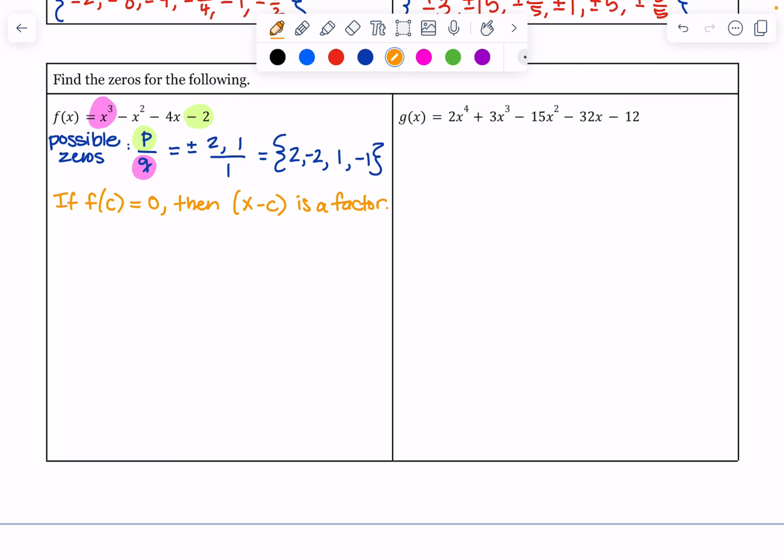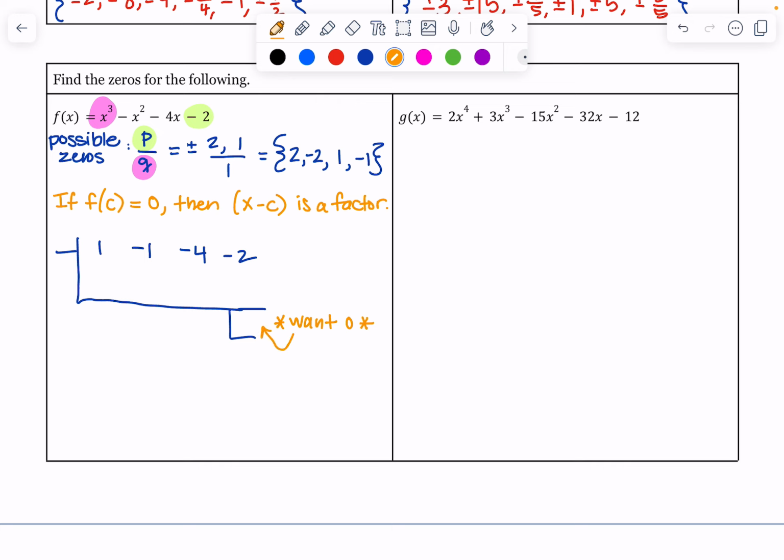So what we're going to do is try our possible zeros using synthetic division, and we want to get a 0 in the end. Okay, so I'm going to make my little synthetic division table, and across the top I'm going to have 1, -1, -4, and -2, and I want a 0 here, so I'm going to write that so I remember. I want a 0 as my remainder.